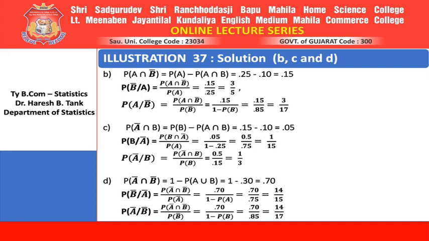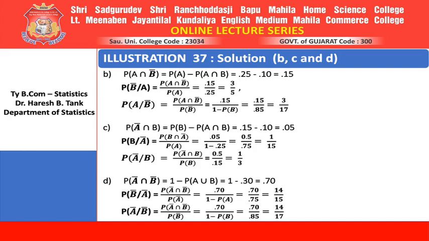Simplifying it, it comes to 1 upon 3. D. Probability of A complement intersection of B complement. Both of them are in a complementing form, so the reverse form can be used. So it is nothing but 1 minus probability of A union B. A union B is already known to us. 1 minus 0.3 becomes 0.7.